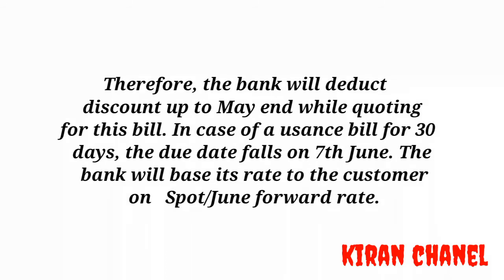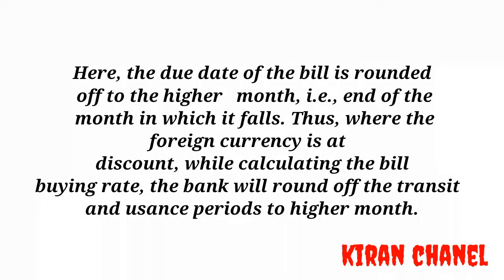The bank will base its rate to the customer on the spot June forward rate. Here the due date of the bill is rounded off to the higher month, i.e. end of the month in which it falls. Thus, where the foreign currency is at discount, while calculating the bill buying rate, the bank will round off the transit and usance period to the higher month.